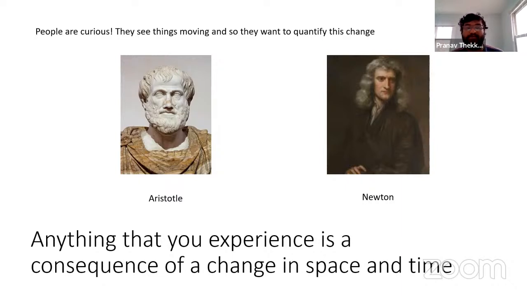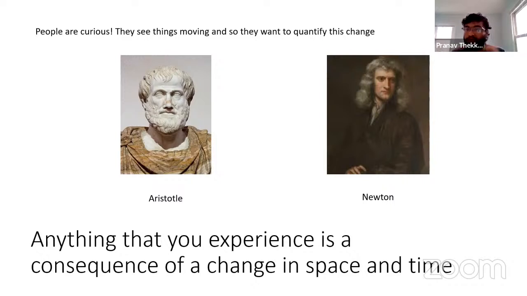So people have always tried to formulate models of their understanding. This is essentially the branch of physics. It's trying to understand something of nature, trying to explain some observations that you have. Anything that you see is moving around in space and in time, and people have always wanted to quantify this.